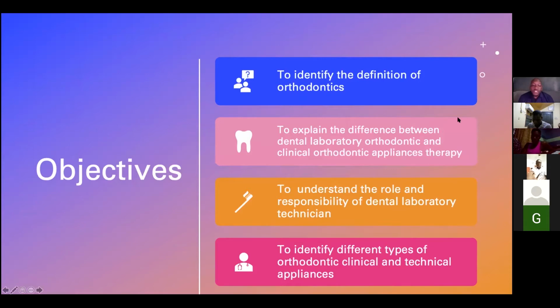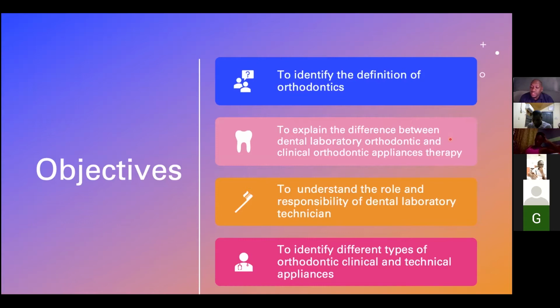So our objectives for today are to identify the definition of orthodontics. We'll also explain the difference between dental laboratory orthodontics and clinical orthodontic appliance therapies, which is essentially saying that we'll look at the clinical side and we'll look at the technical side. And the technical side is what the technician would do.